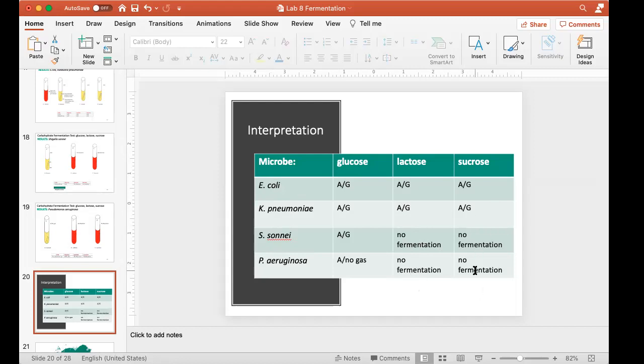They don't have the enzymes necessary to take the lactose and break it apart into glucose and galactose. They don't have the enzymes necessary to take the sucrose and break it apart into glucose and fructose. So yes, they can ferment glucose, but they can't get glucose out of these other sugars. And Shigella produces a gas during fermentation, while Pseudomonas does not.